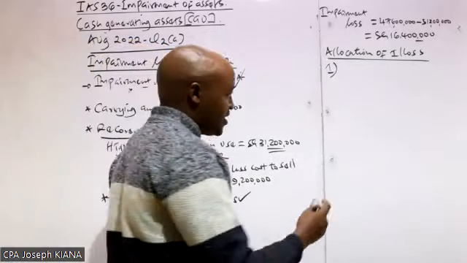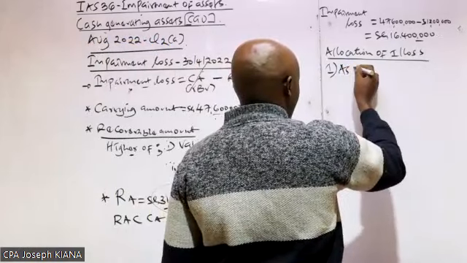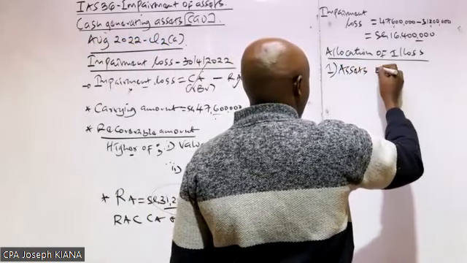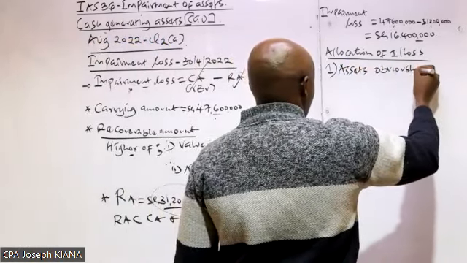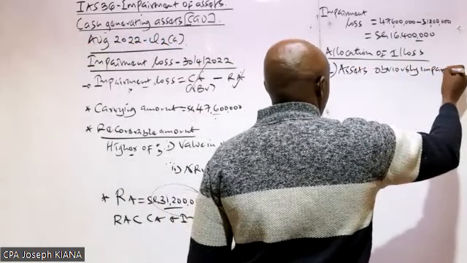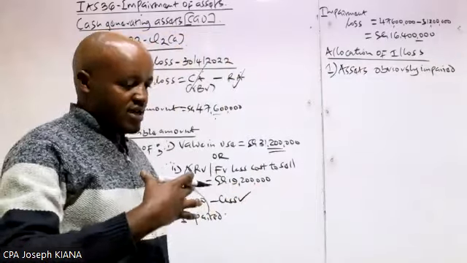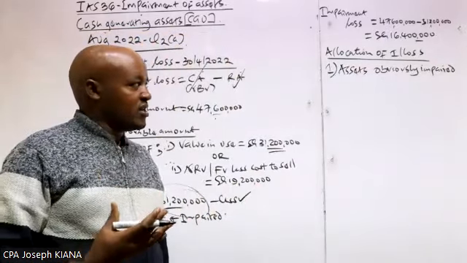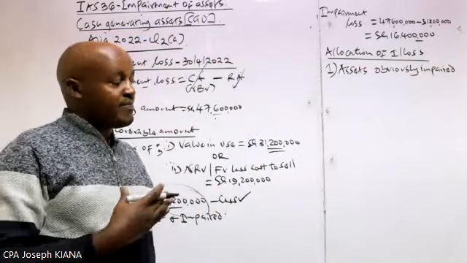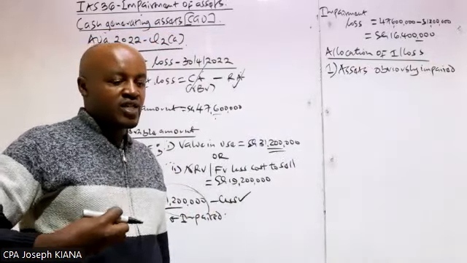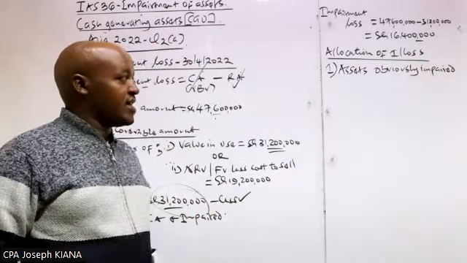So first of all, we allocate to those assets which are obviously impaired. And I've said that these are those particular assets which are either damaged or destroyed, meaning that they are worthless. If the company decides to sell this cash generating unit, those assets will not fetch any amount of money.